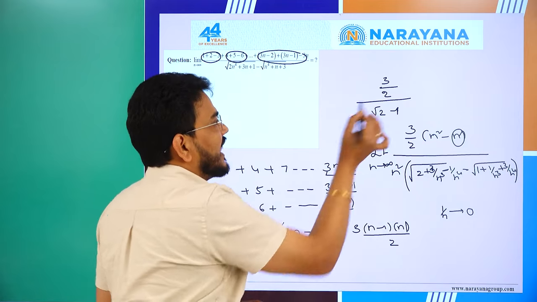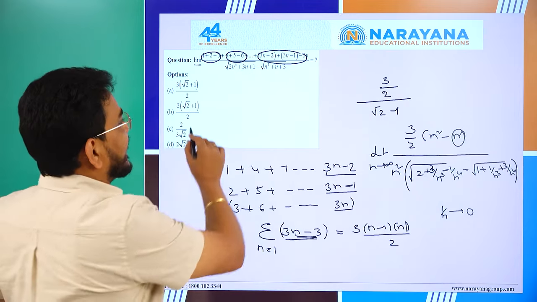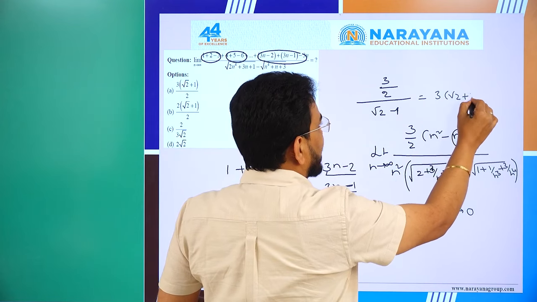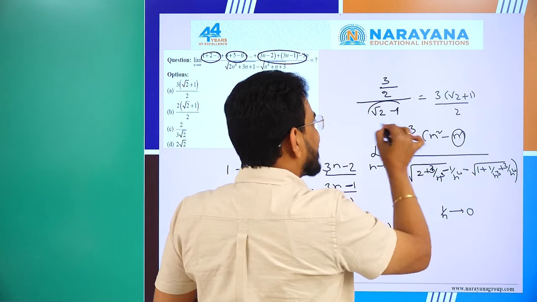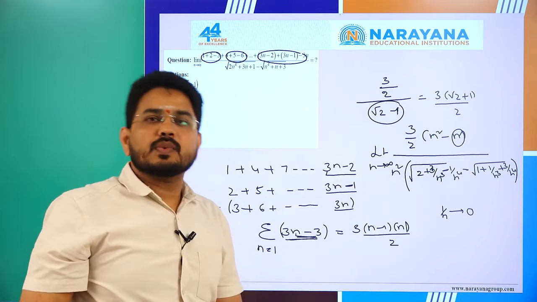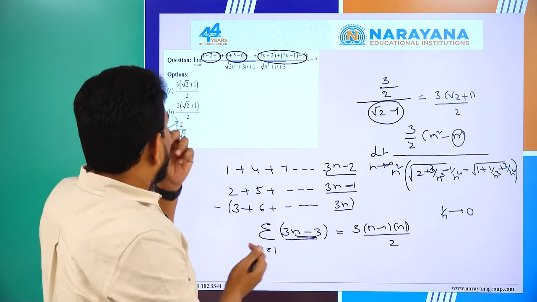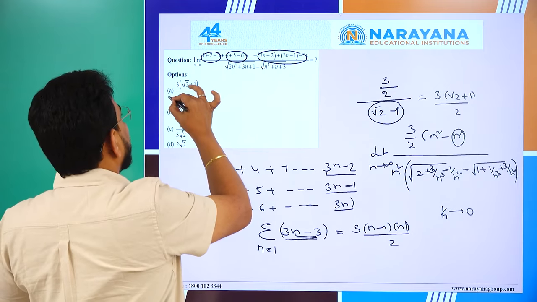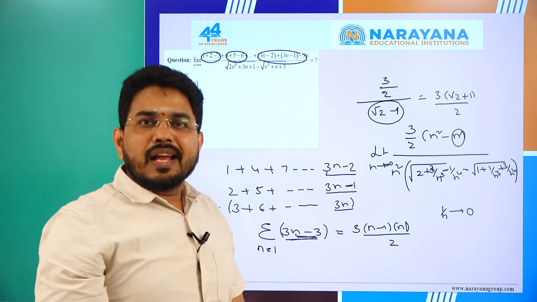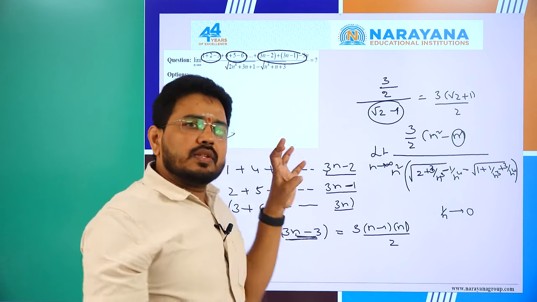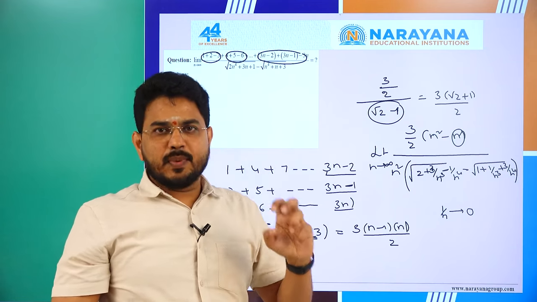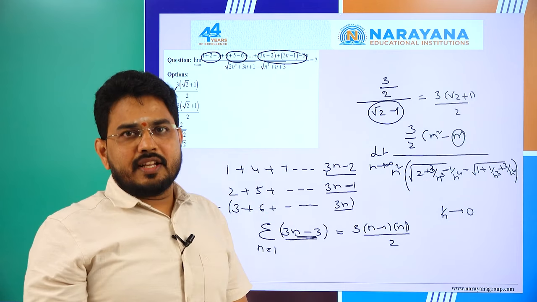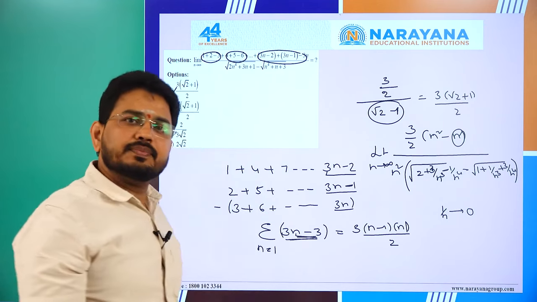On simplification, you will be getting 3 into root 2 plus 1 by 2, because the rationalizing factor of root 2 minus 1 is root 2 plus 1. So the answer is 3 times of root 2 plus 1 by 2. This is the answer. So this is also another simple question one should not miss out in the examination, right?